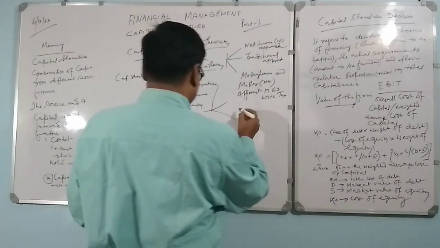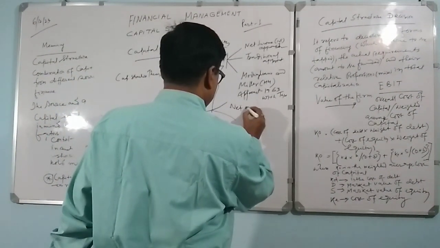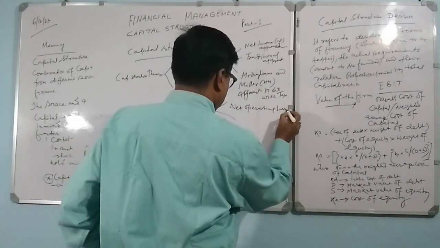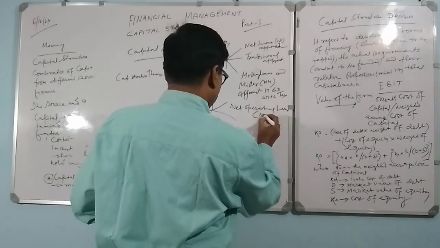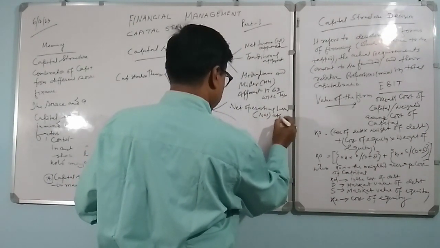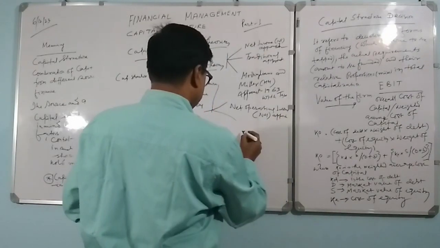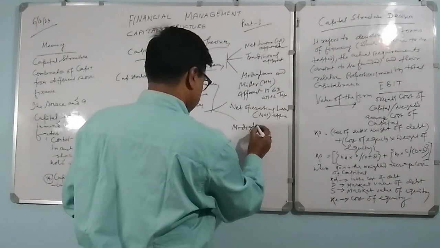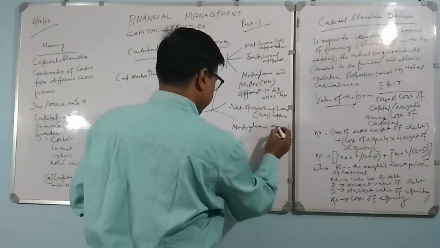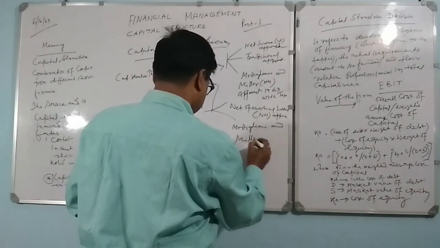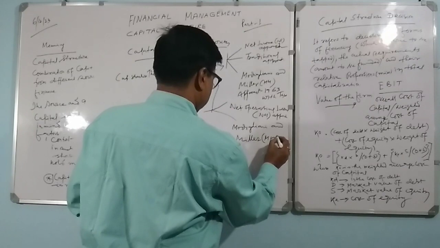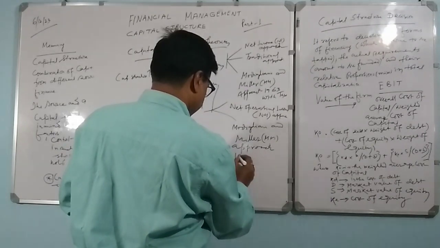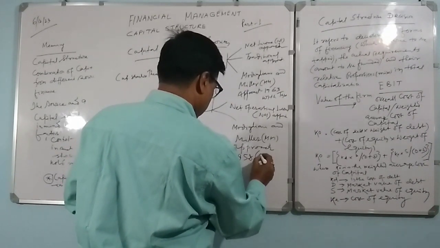One is your net operating income, NOI approach, and another one is the same way, the Modigliani and Miller approach 1958 without tax.